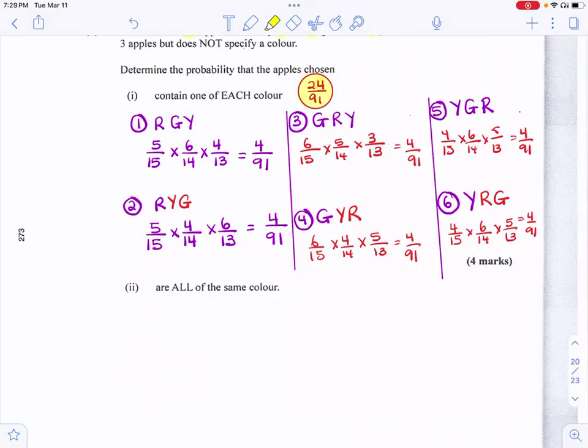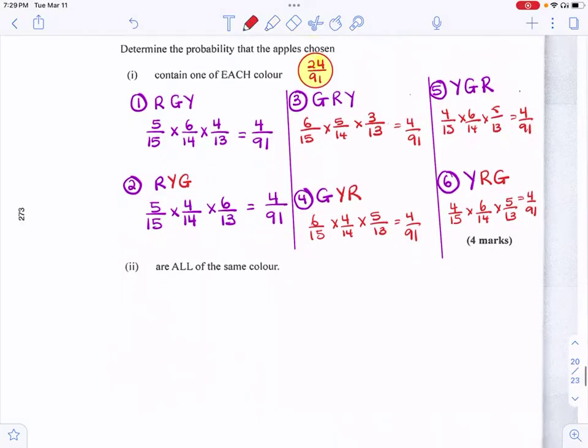The person marking it, probably late in the night, gives Shazad the mark and they give you yours. So especially for probability, try and put it in fraction form. Anything else you could use decimal, but not probability. Because it's hundreds of scripts all over the Caribbean that are being marked and uploaded on a computer screen. So remember, when somebody is tired, try and put it how they want it, right?